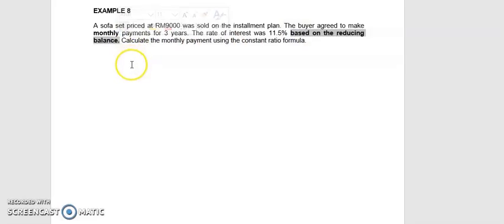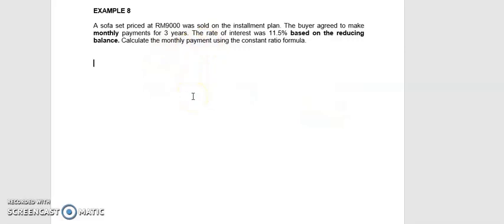So now interest is based on reducing balance. Calculate the monthly payment using the constant ratio formula. Using constant ratio formula means that interest is calculated based on reducing balance. Now we want to find monthly payment.